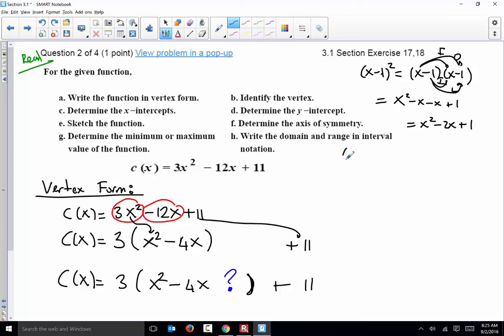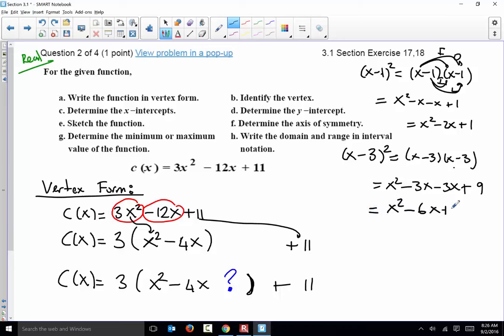Now I want to try another example. x minus 3 now. x minus 3, I FOIL again. First, x squared, outside 3x, inside negative 3x again. It's always these two match. Outside is negative 3 times x, inside is negative 3 times x, and plus 9, it is x squared minus 6x plus 9.